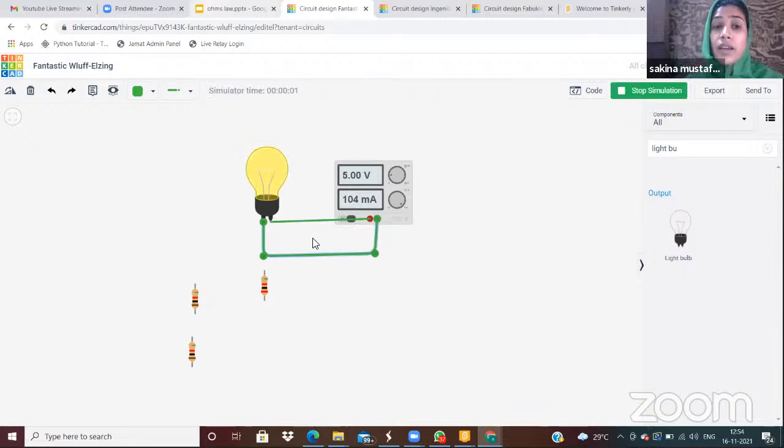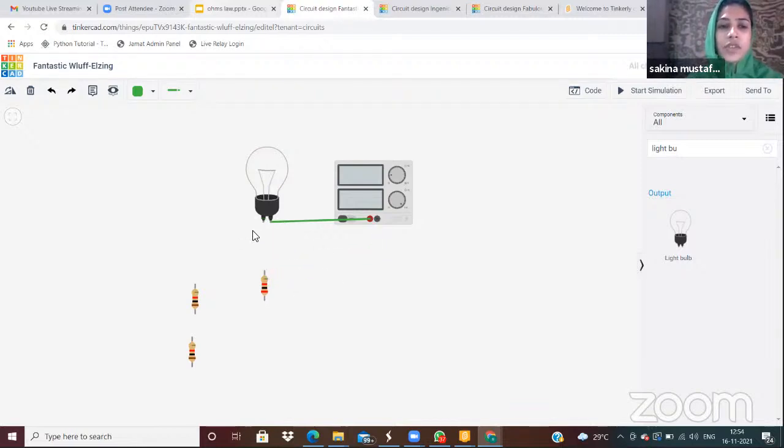At 5 volts, the current is 104 milliamperes and it is glowing very bright. Now we'll use some resistance in between. Instead of that, I will just delete it and use the resistance.